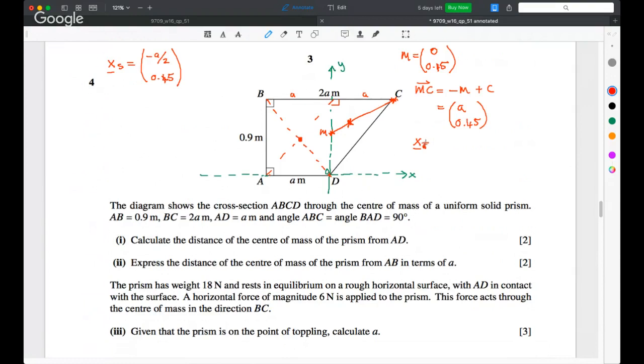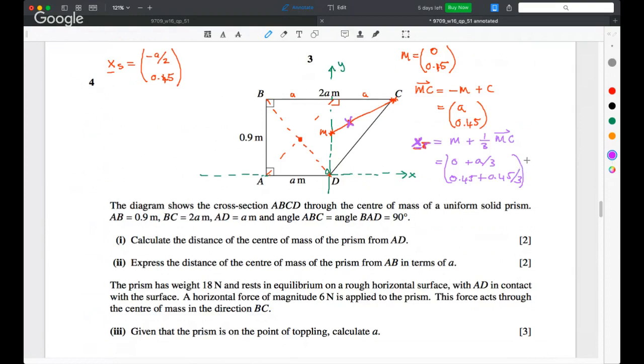So the coordinate of the center of mass of the triangle, let's do it in purple, just to keep things exciting. That's going to be M, go to M first, plus 1/3 MC. That's 1/3 of the way along that line. So that's equal to 0 plus A over 3 and 0.45 plus 0.45 over 3.